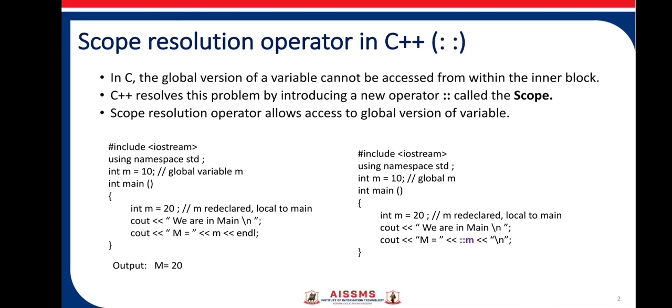But as we have used scope resolution operator, and it is given in the definition that it is used to access global version of variable, and here the global version is m equal to 10, it will print m equal to 10. So this is how you can use scope resolution operator to access the global version of a variable.